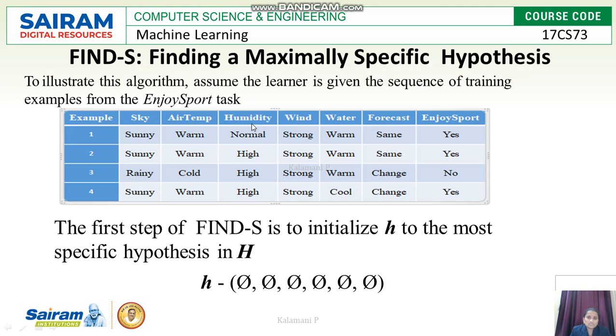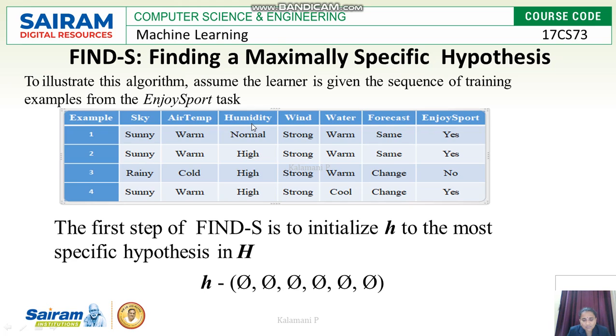This is the example we have already seen, the EnjoySport task. Here we have 6 attributes: sky, air temperature, humidity, wind, water, forecast, along with 4 instances. The first step of Find-S is to initialize h to the most specific hypothesis. Most specific means everything will be phi; most general means everything will be question mark.